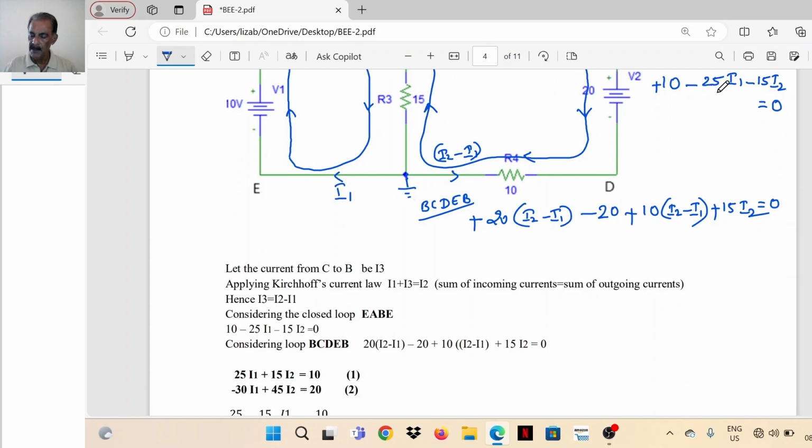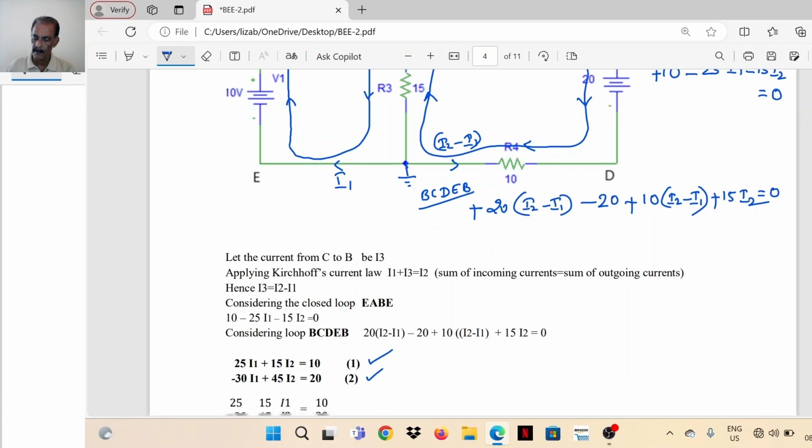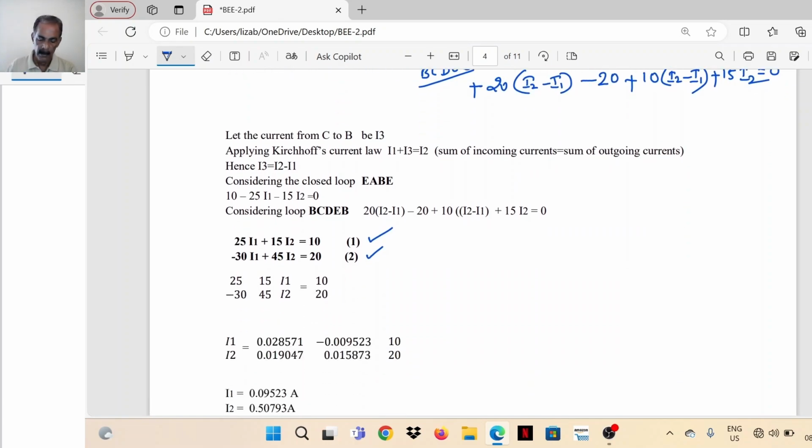First equation, when you simplify it: 25 I1 plus 15 I2 is equal to 10. Second equation, 20 into I2 minus I1 expanded and simplified: minus 30 I1 plus 45 I2 is equal to 20. Now write in matrix form.